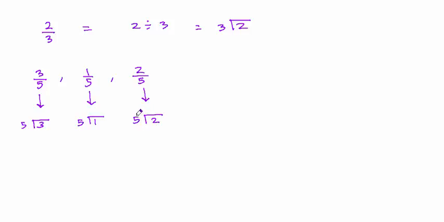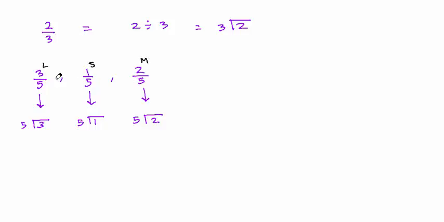And if the divisors are all the same, the smaller the dividend, the smaller the quotient, or the value of the fraction. So you look at the numerator, because the numerator is the dividend. This is the smallest of the three fractions, and this is the largest because this is the largest dividend, and 2/5 is the median one.